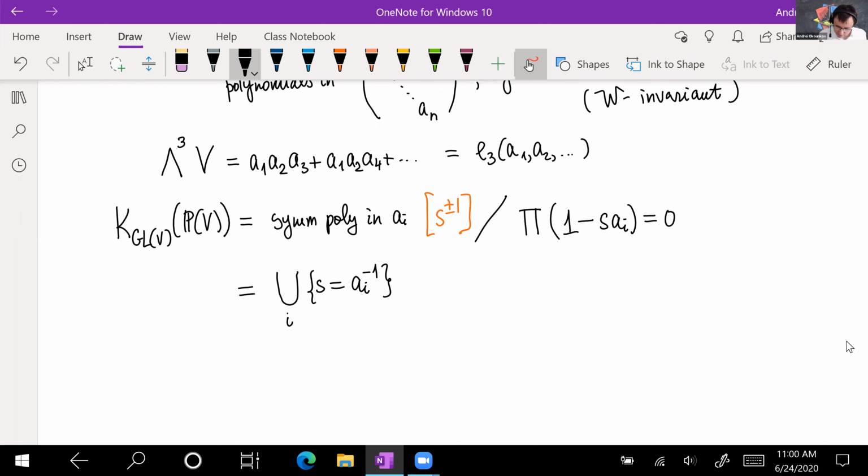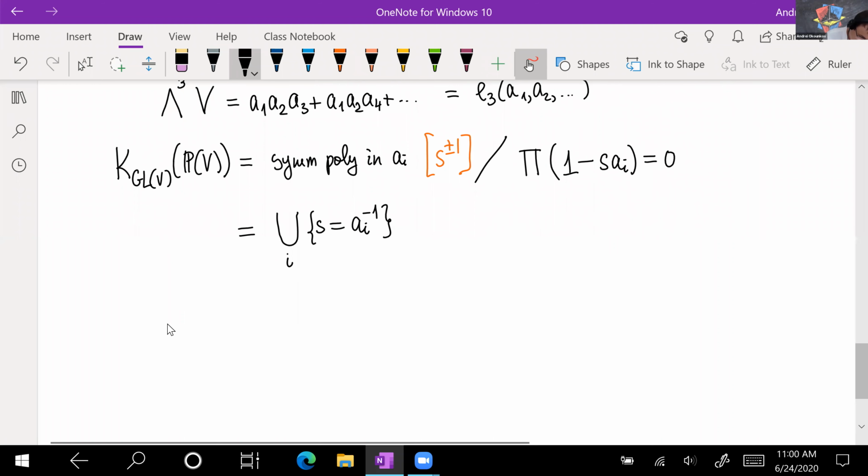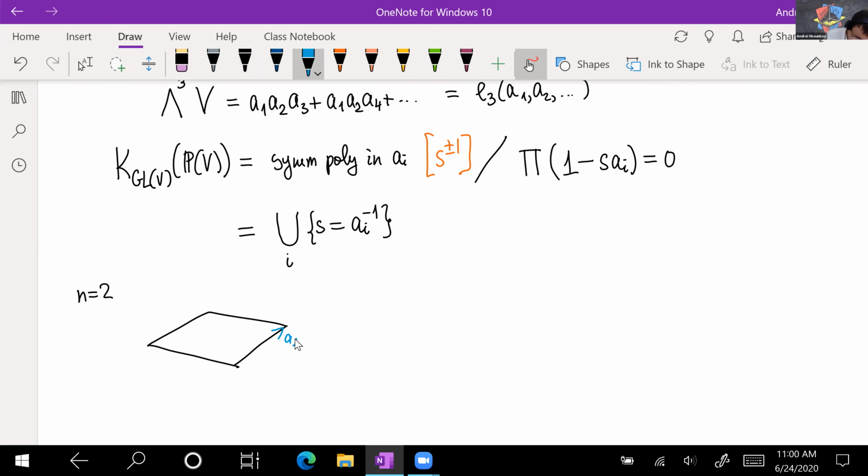And so I'm going to use this kind of logarithmic picture to draw what I want to draw. So let's say you have n equals 2, then I have flat coordinates a1 and a2, but everything has to be symmetric in them.